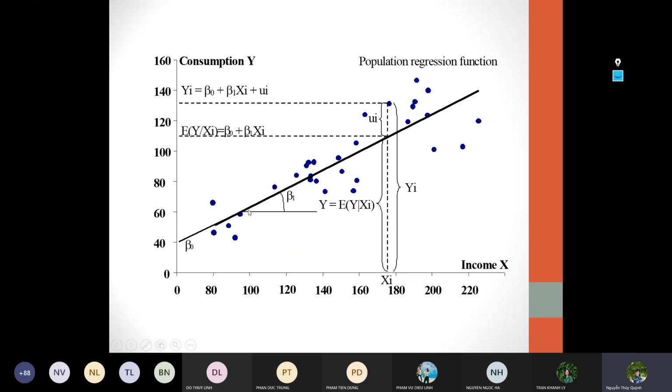It reflects how y changes with regard to a one unit change in the value of x. Every point on the population regression line represents the conditional expected value of y, and each point here represents the observed value of x and the observed value of y.